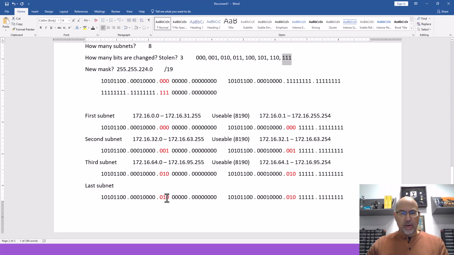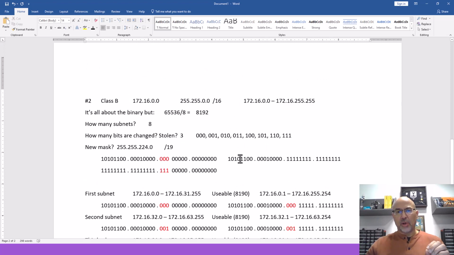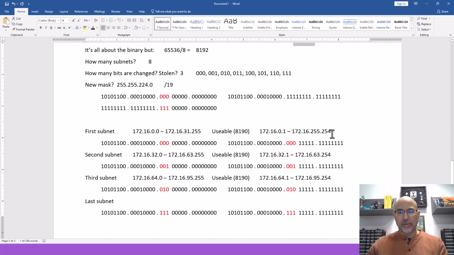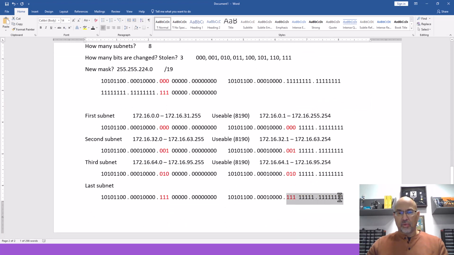So if I put all ones in the subnet field, like this, I'm going to get my range. We also know that the last subnet is going to have the same address as the classful high address. And there it is right there. So we know that the last value in the last subnet is going to be 172.16.255.255.